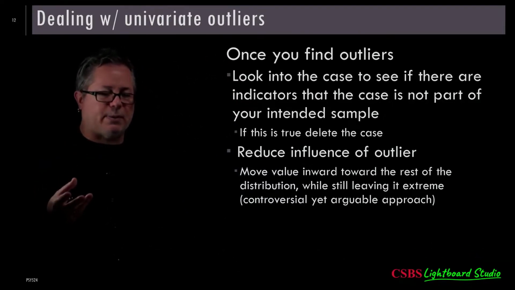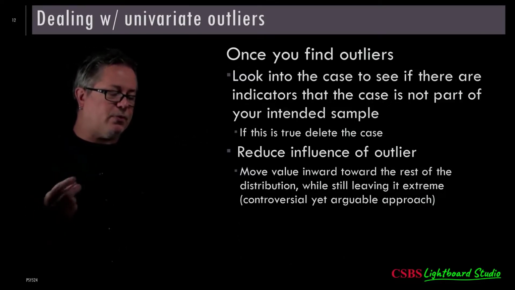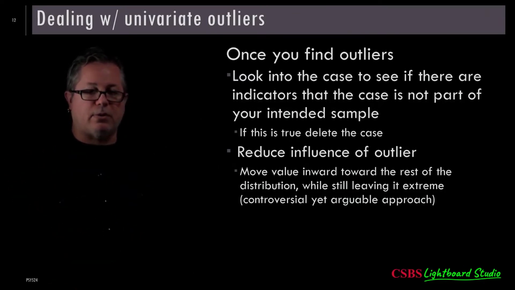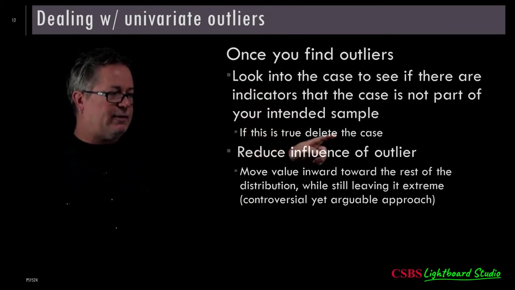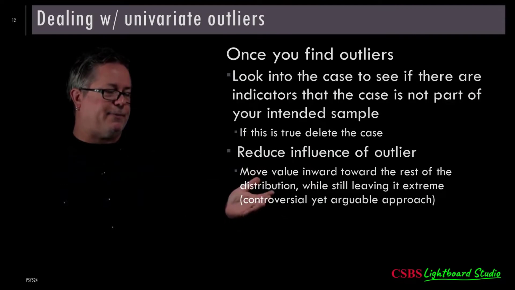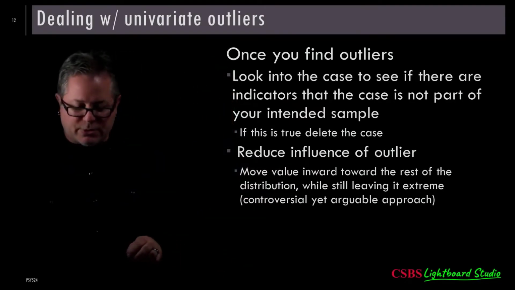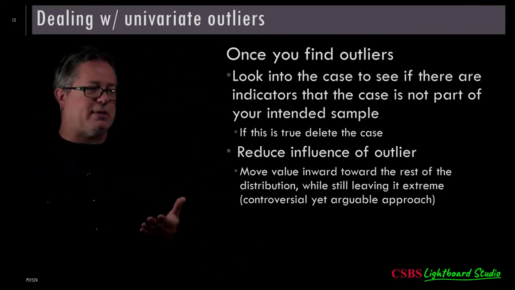So that's an example that sometimes when you look a little deeper, you can figure out why this person's so different. These other qualities make them not part of the sample. So you're either going to figure that out and delete the case, or you can try to reduce the influence of the outlier. Now, this one's a little more out there, but it is done and it makes some sense once you get past the initial knee-jerk reaction of, wait, you're changing scores.